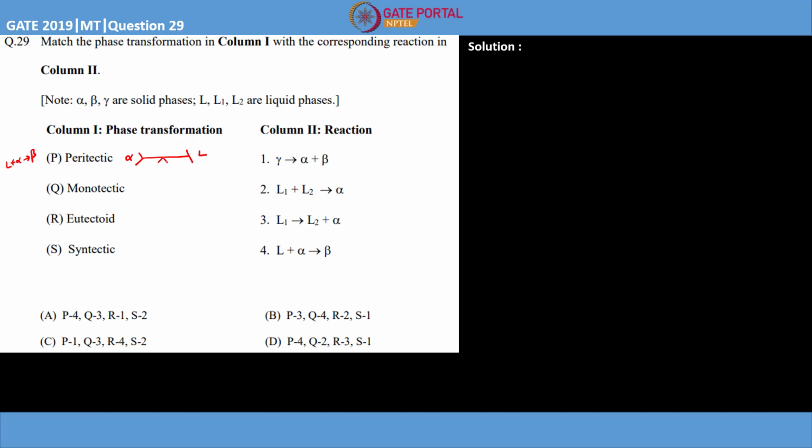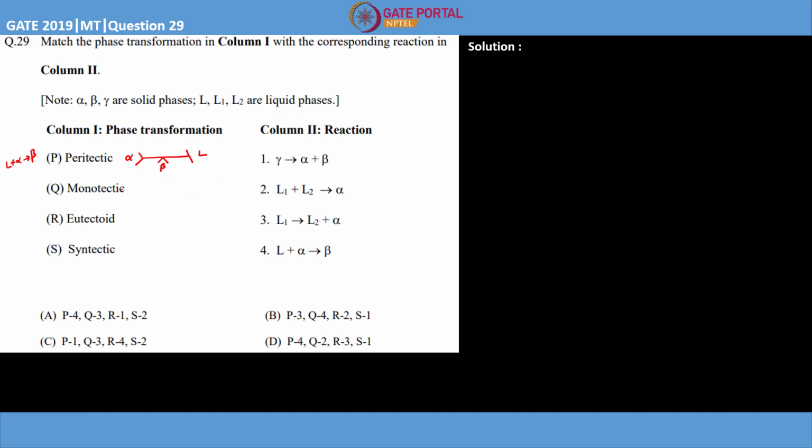And then if you cool it, coming from higher temperature to lower temperature and crossing this transformation temperature, then this alpha and liquid which is present here will transform into another solid, which is beta phase. So this is how a peritectic reaction will look.